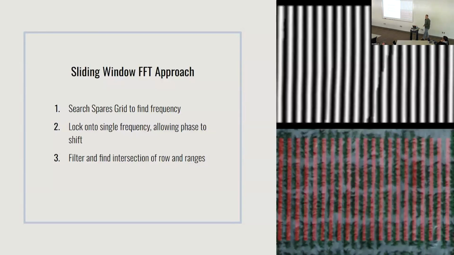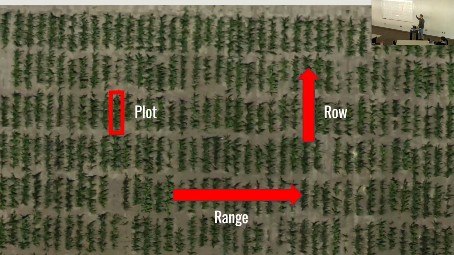And so with the help of Nathan Miller, we were able to come up with a mathematical based solution that uses a sliding window Fourier transform. And so when we look back at this image, we see that there's a lot of periodicity in the spacing of these plots. And that's by design, right? So when we planted these, we used a planter that was pulled behind a tractor. That planter typically will have either 4 or 2 rows.